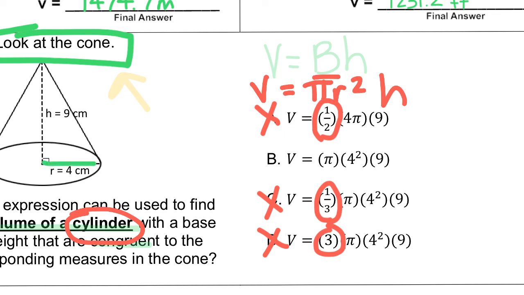According to this, remember it has a corresponding radius to this cone. So our R would be 4. So we have pi, we have 4 squared, and then our height. Our height is the corresponding height to the cone, which would be 9. So B is a match.